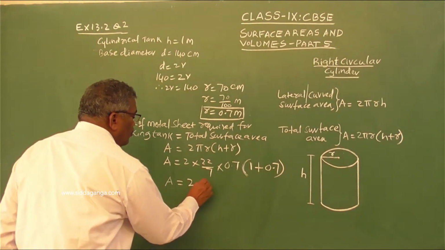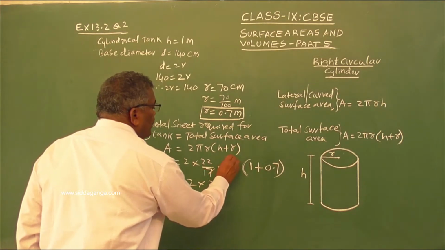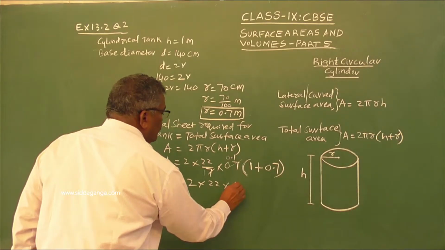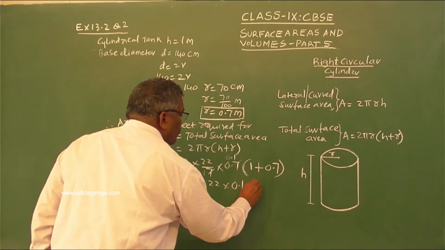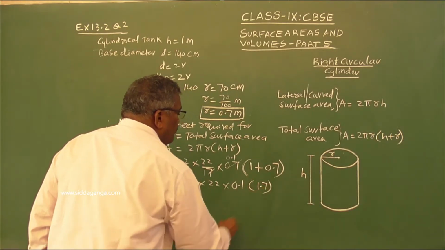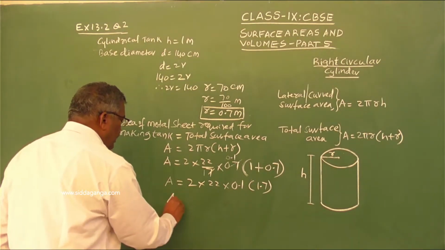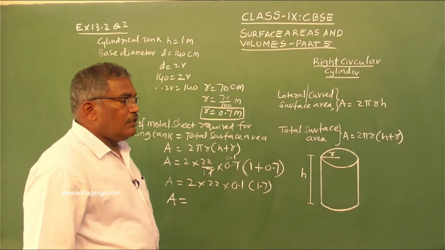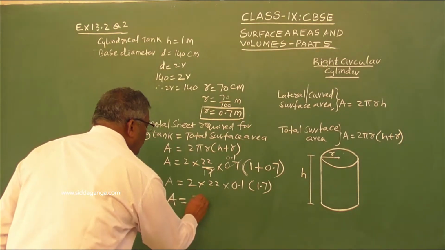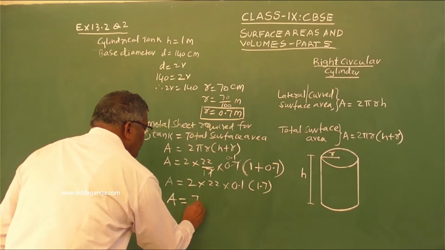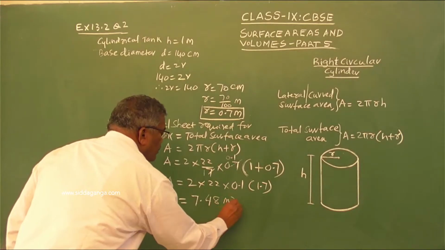So 2 into 22 into 0.1 into 1.7. You calculate this and you will get the area, 7.48 meters square.